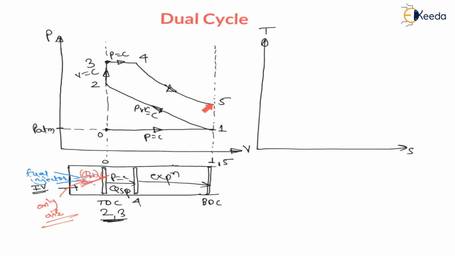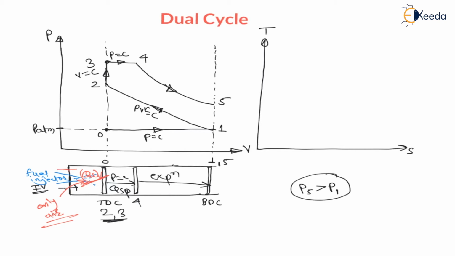Now here you can see that the pressure at the end of expansion, that is P5, is more than the inlet pressure to the cycle, P1. Therefore, as this P5 pressure at the end of expansion is more than the pressure at the entry of compression P1, because of this pressure difference, the exhaust gases inside this piston cylinder assembly will move outside if the exhaust valve is open.